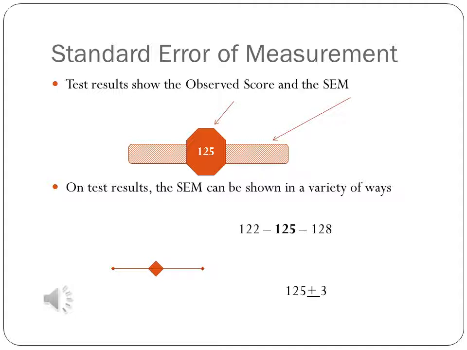For example, as above, or, on MAP testing, you will often see the observed score bolded and in the center, and the plus or minus standard error of measure on either side of the observed score. Or it could be 125 plus or minus 3. Or a diamond represents the score and a single line represents the standard error of measure. You will see all of these variations on different tests.